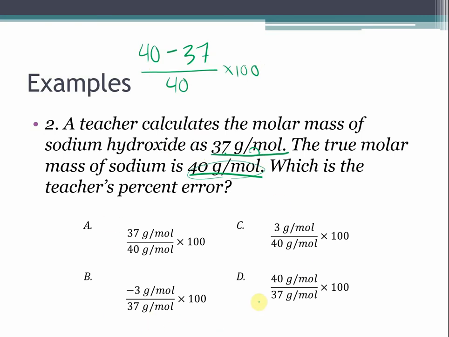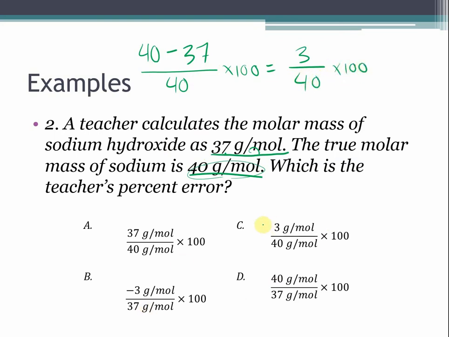And none of our answer choices look like that. Looks like we need to do one more step, right? So we'll say this is the same as 40 minus 37 is 3, divided by just 40, times 100.